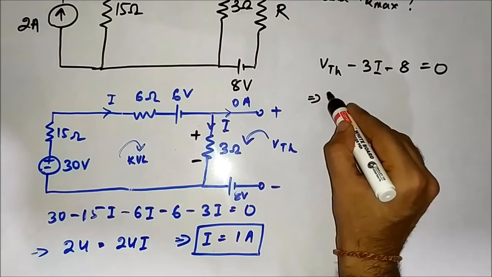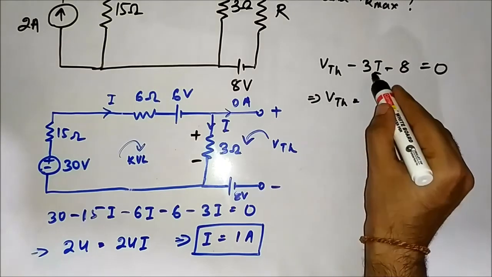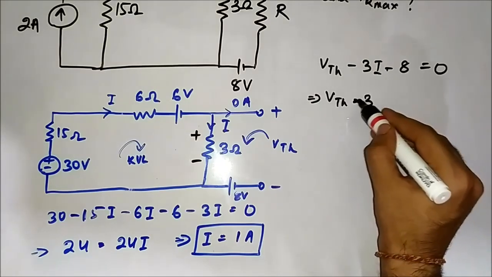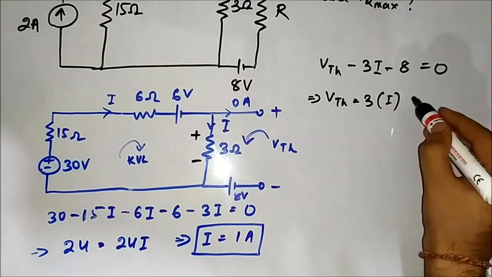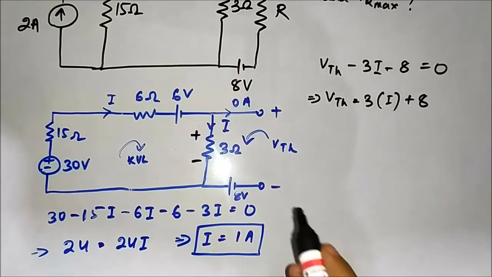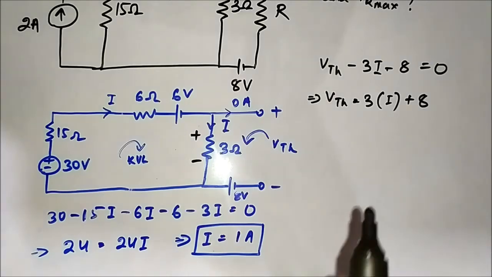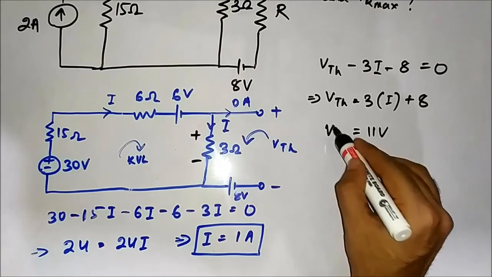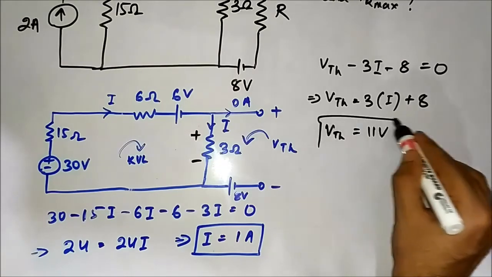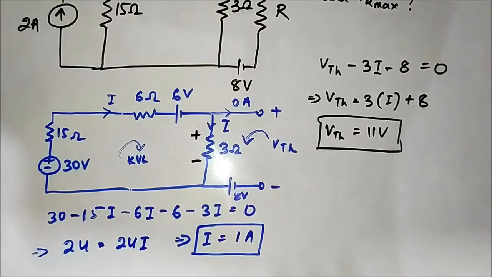That implies VTH is equal to 3 into 1 plus 8, which is equal to 11 volt. VTH is equal to 11 volt. So we have got VTH.